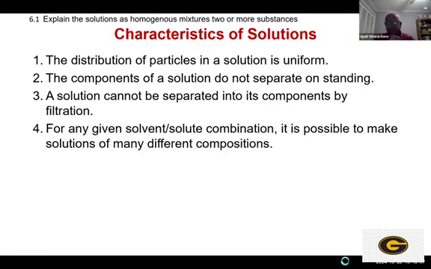One of the characteristics of a homogeneous mixture is you can mix up different combinations of two components, the solvent as the major component and the solute as the lower concentrated component. You can make millions of different combinations.